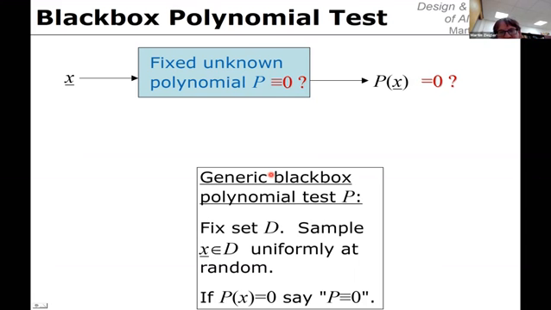This is a great example of an algorithm with one-sided error. Namely, when the algorithm says non-zero, then that's always correct. The algorithm says non-zero only when it has found a witness, an evidence, a certificate for my polynomial to be non-zero, but the algorithm could make errors saying that the polynomial is 0 if the algorithm samples the root x.